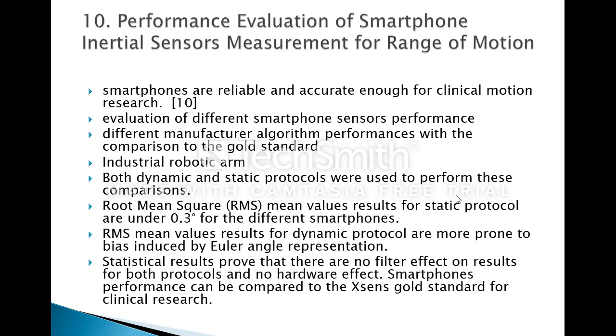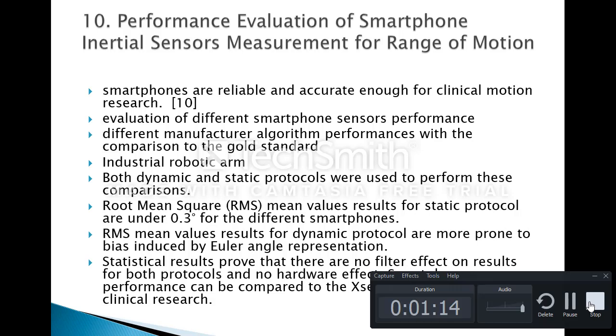The root mean square RMS value results for the static protocol are under 0.3 degrees for the different smartphones. The root mean square value results for the dynamic protocol are more prone to bias induced by Euler angle representation. Statistical results prove that there is no filter effect on results for both protocols and no hardware effect. Smartphone performance can be compared to the gold standard for clinical research.